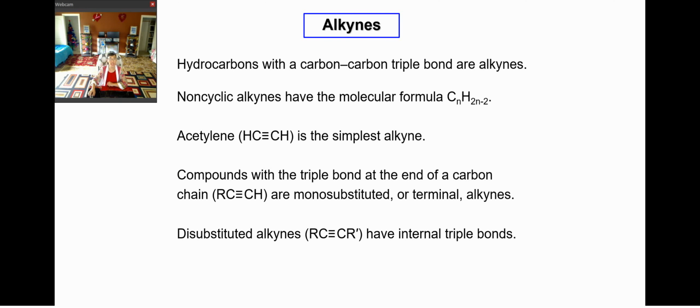First of all, let's see, what is the alkyne? Alkyne is known as the hydrocarbons with carbon-carbon triple bonds. So hydrocarbons with a carbon-carbon triple bond are known as alkyne. If you have a non-cyclic alkyne, the molecular formula will be CnH2n-2.